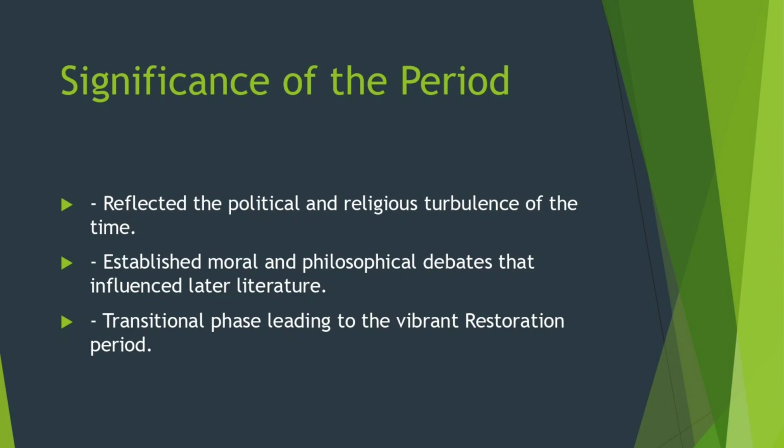It laid the groundwork for later literary movements, and it also provided a space for critical debates on governance, morality, and freedom, as we read from the works of Thomas Hobbes, Andrew Marvell, and John Milton. This transition phase set the stage for the Restoration period, which burst forth with renewed creative energy.